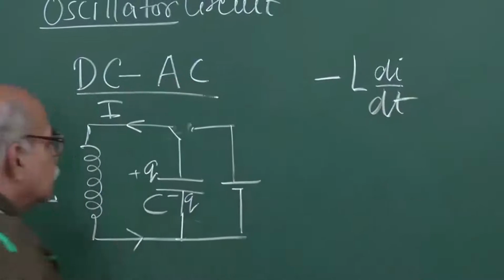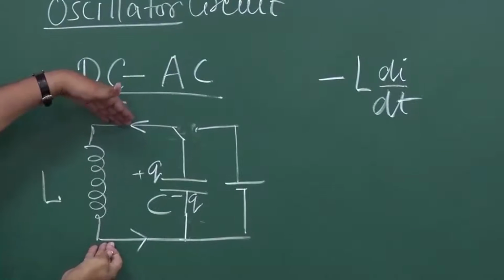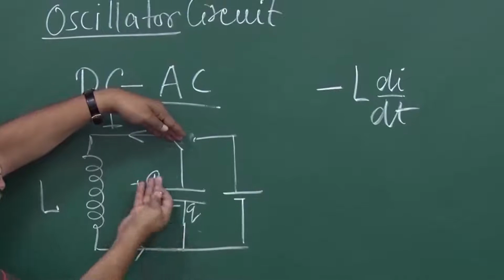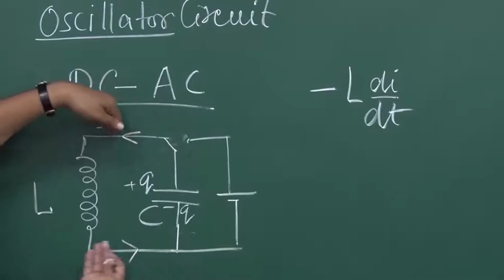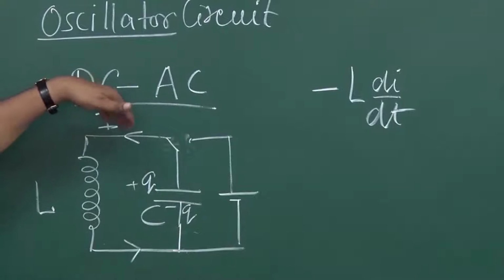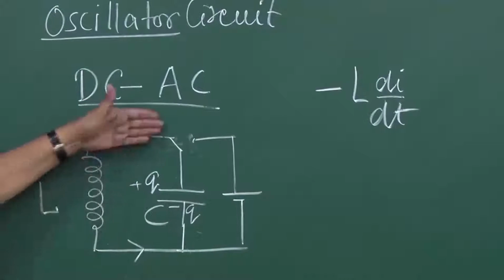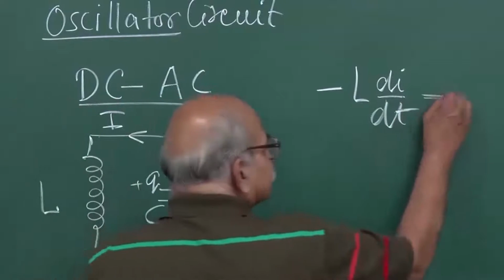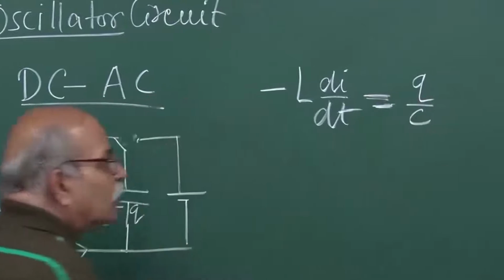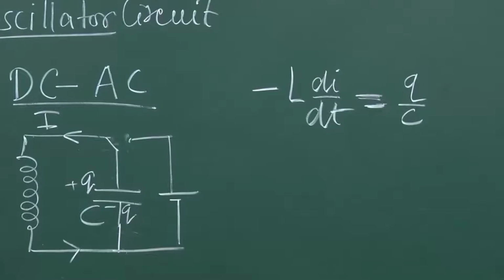So that's the kind of voltage that appears here, and the voltage that appears on the capacitor will be Q by C. Since these two points are the same, minus L di/dt should be equal to Q by C. And from here you can work out how this current will change in time.